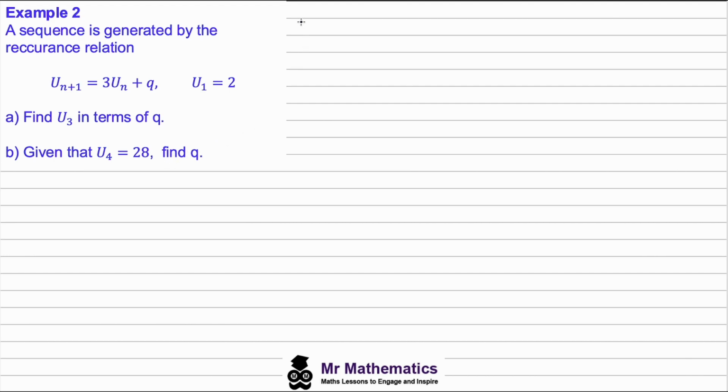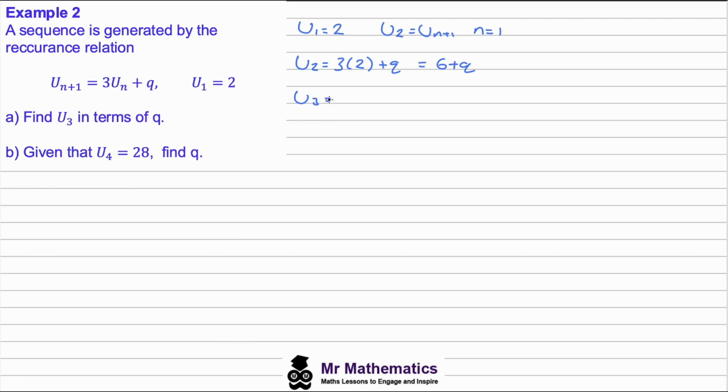So the first thing we'll do, we've got u1 equals 2, and we want to work out u2. And this will be where n is equal to 1. So u2 will be 3 lots of un, so 3 lots of the 2 plus the q, which will give us 6 plus q.